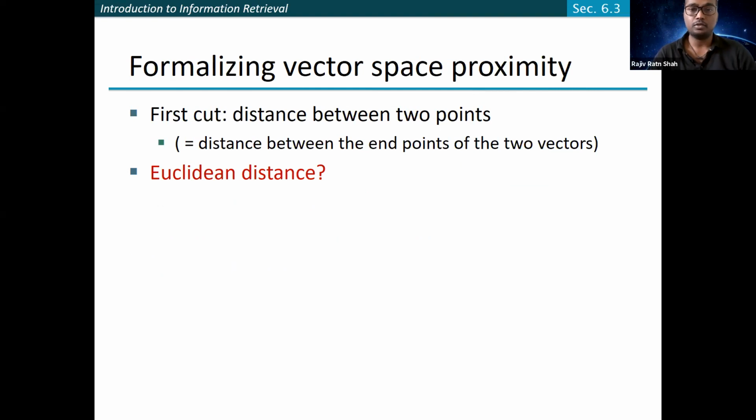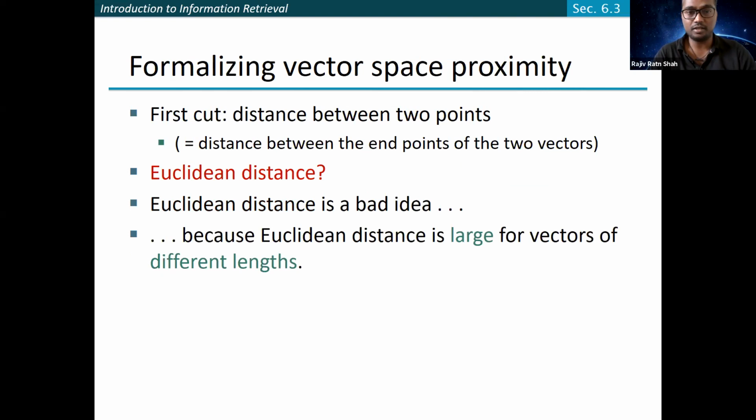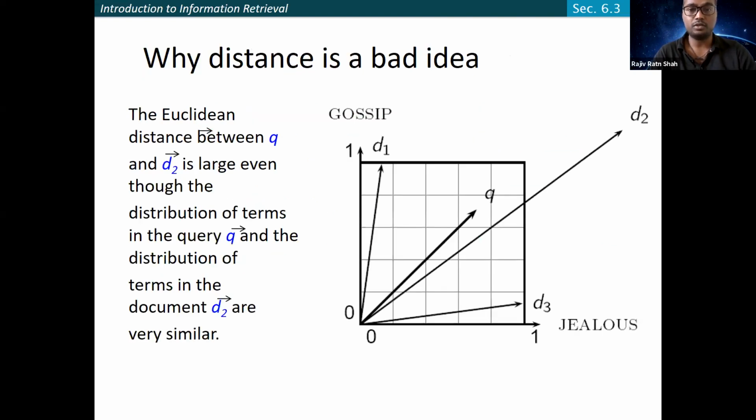So you can compute the distance. As we have discussed, Euclidean distance is a bad idea because the vectors could be of different lengths. This is one of the examples that we have discussed, right? You have the given query q, and a list of documents d1, d2, d3, and so on. The vector we are representing is determined by the distribution of the terms they have.